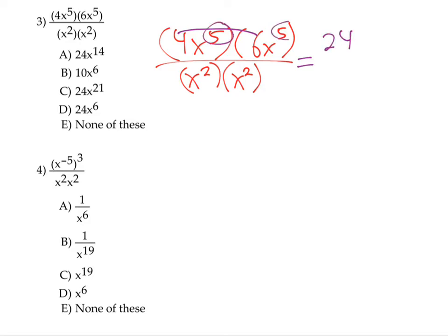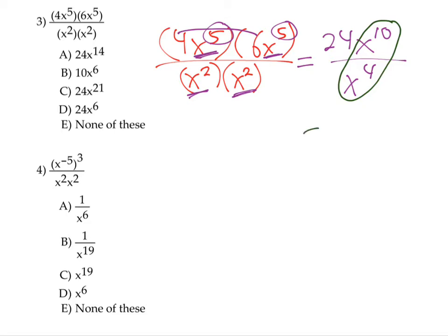And what do these powers do? They add, x to the 10th, right? Because this means 5 x's and this means 5 x's. We got 10 x's up there, don't we? Down below, we got 2 x's and 2 x's. How many x's we got? 4 x's. And now, what can we do with the 10 x's and the 4 x's?